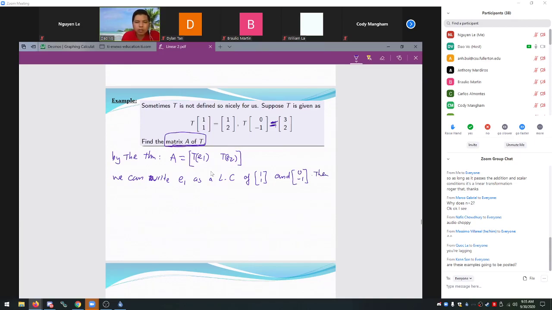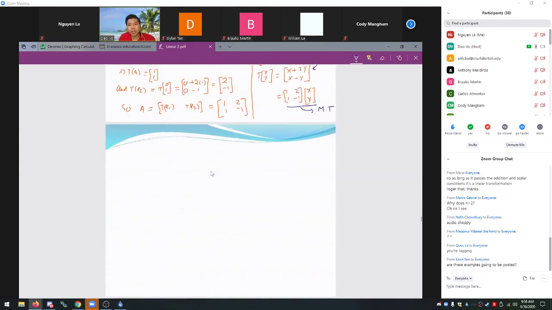Then we can find T of E1. Similarly for E2. If we can write E1 as a linear combination of (1, 1) and (0, -1), then we can find the linear combination of that for sure by property number 3.